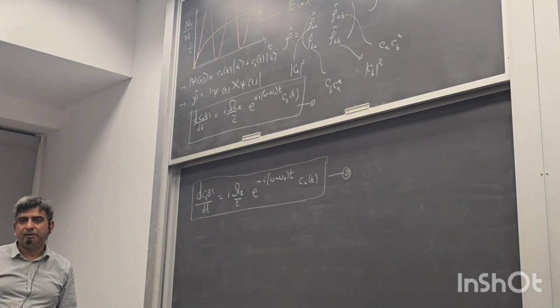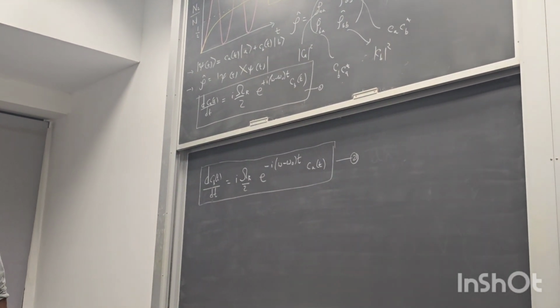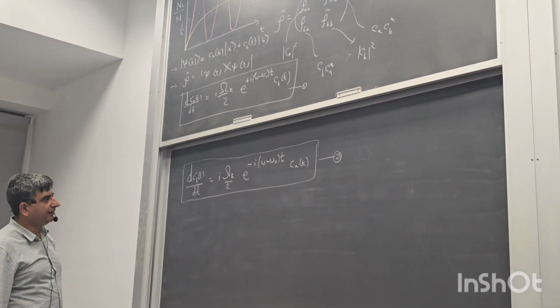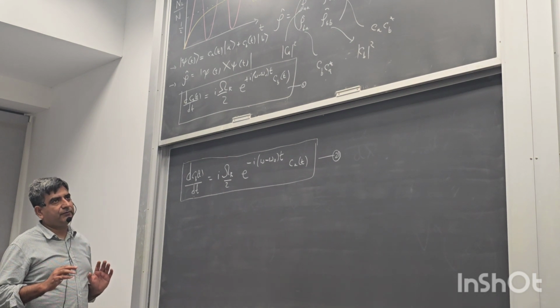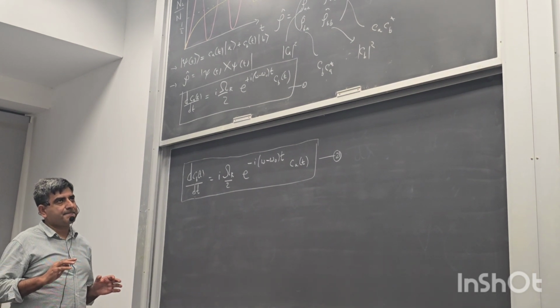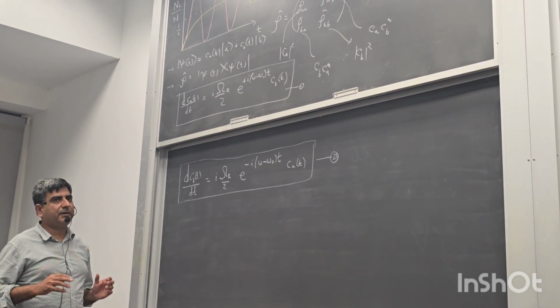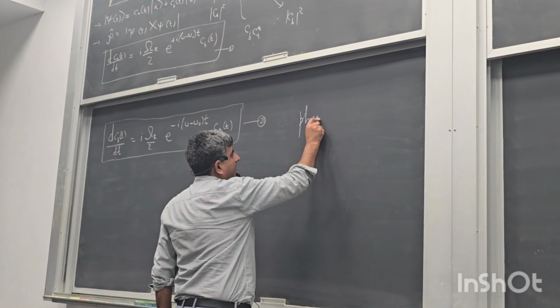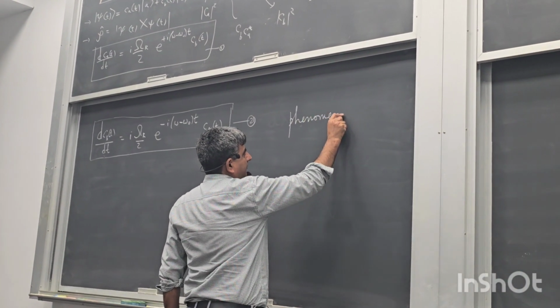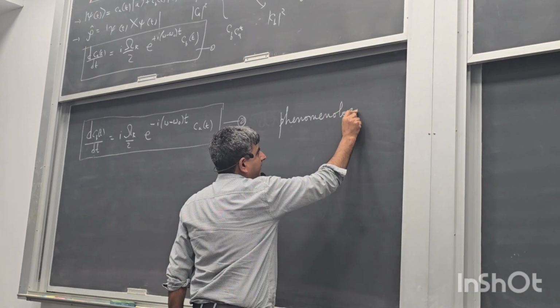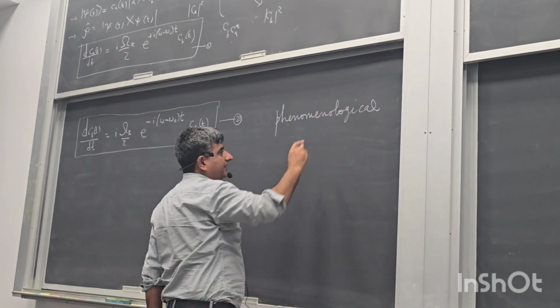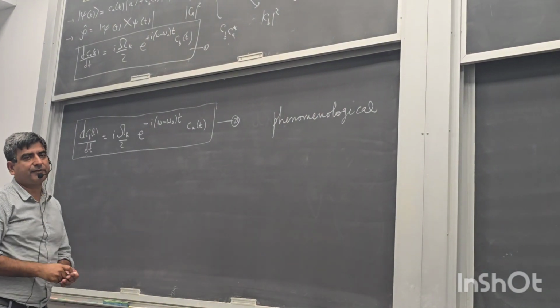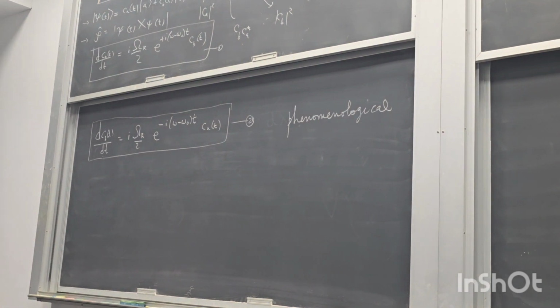And the kind of inclusion that we are envisaging is not totally accurate, but it's what is called phenomenological damping. Since damping is an incoherent process, the modeling of damping is not very straightforward.